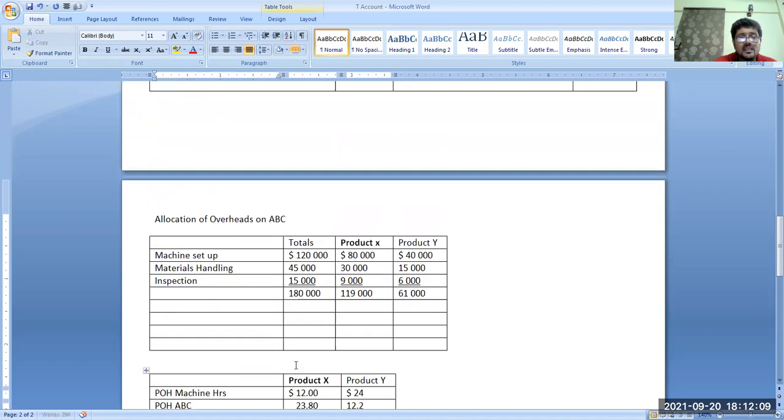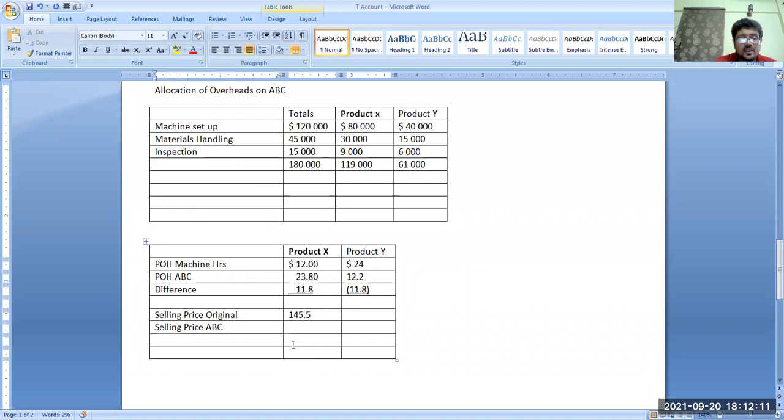We have just calculated, 163.2. Done. The difference is how much? 17.70.